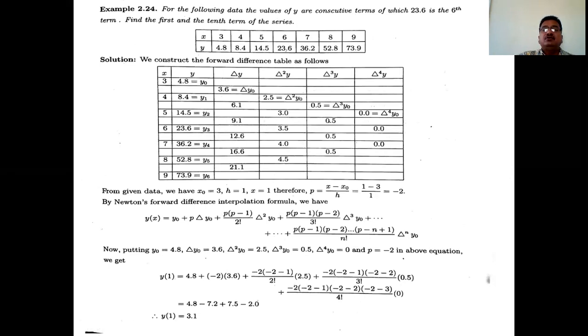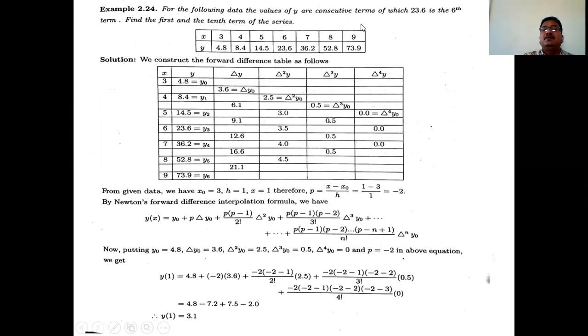If you have to interpolate near the beginning of the table, as when interpolating at 1, then use Newton's forward interpolation formula.